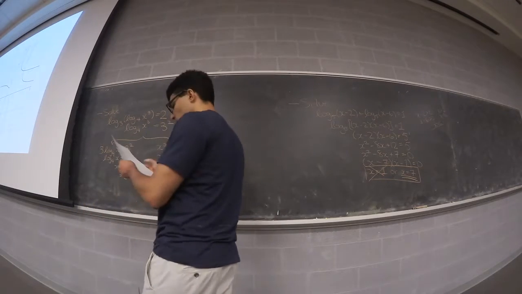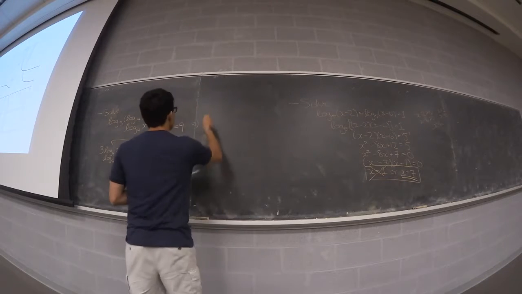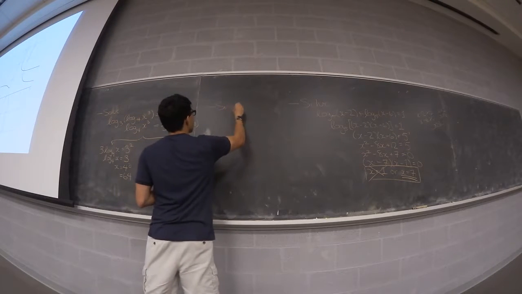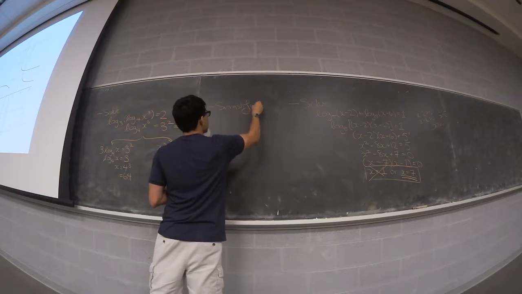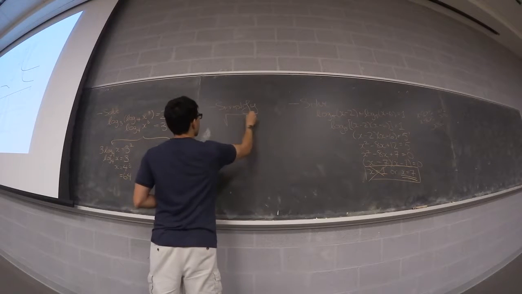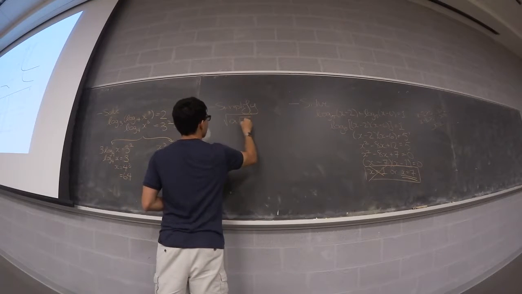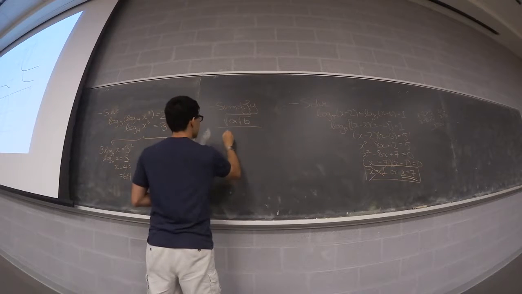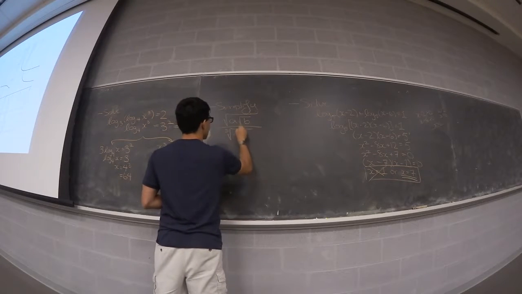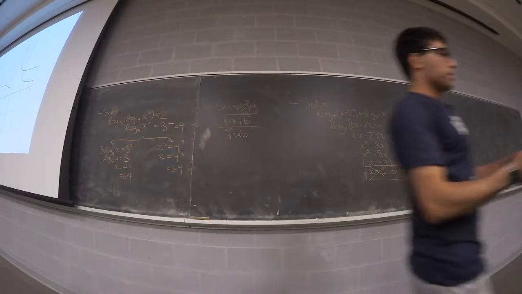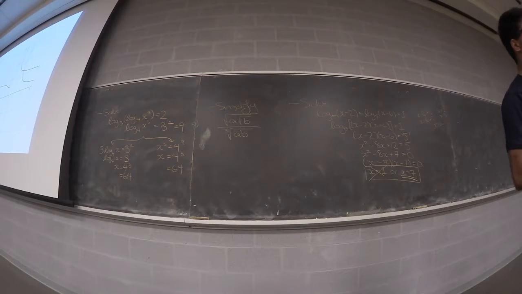This one's probably both familiar and uninteresting. Simplify: root A, B, over cube root AB. Someone want to suggest something?